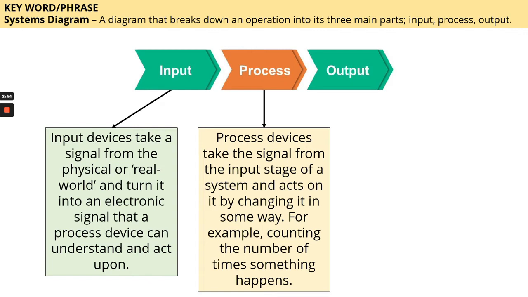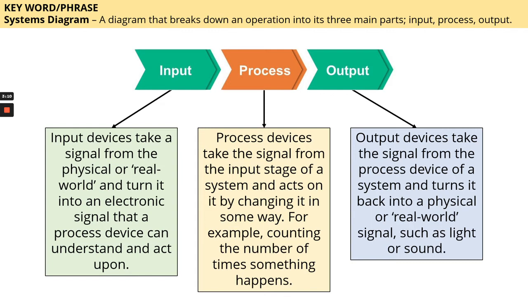So process devices take the signal from the input stage of a system and act on it by changing it in some way. For example, counting the number of times something happens. And then finally, the output stage is where we have an output device that takes the signal from the process device of a system and turns it back into a physical or real world signal, such as light or sound.